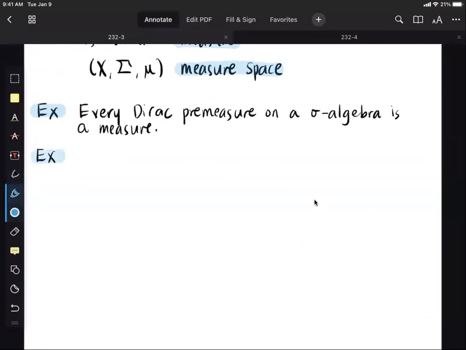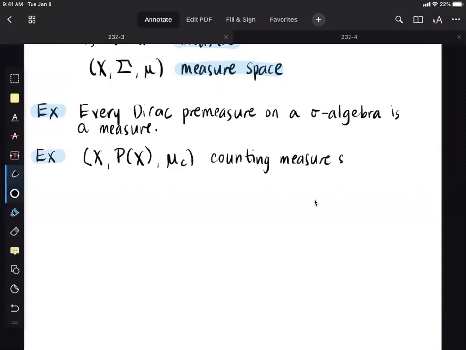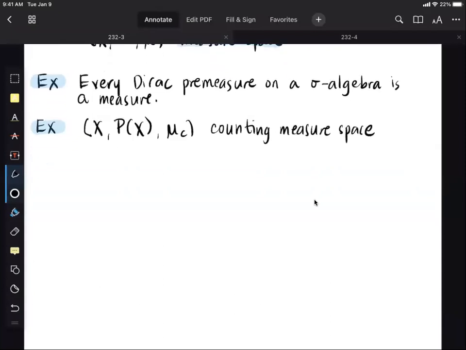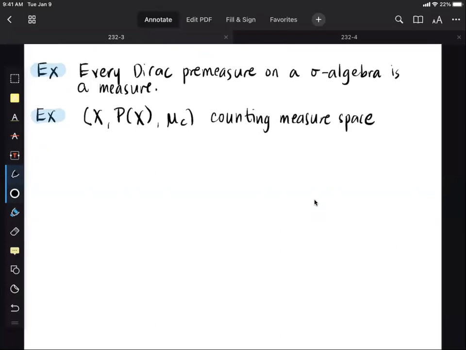For the second one, let us consider a set X, the sigma algebra which is the power set of X, meaning the set of all subsets of X, and the counting measure mu c. We will refer to this as the counting measure space. And how is mu c defined? This is a function from the power set of X to the extended non-negative reals.